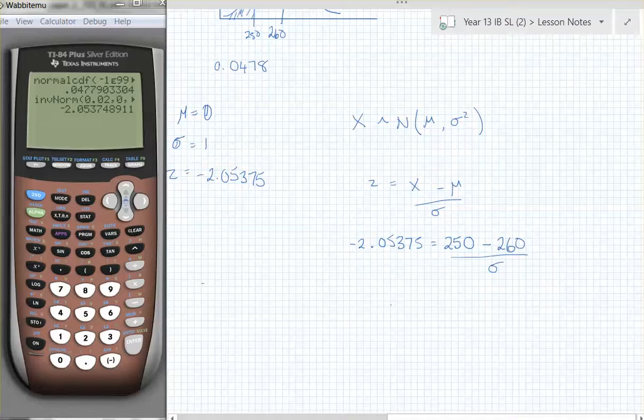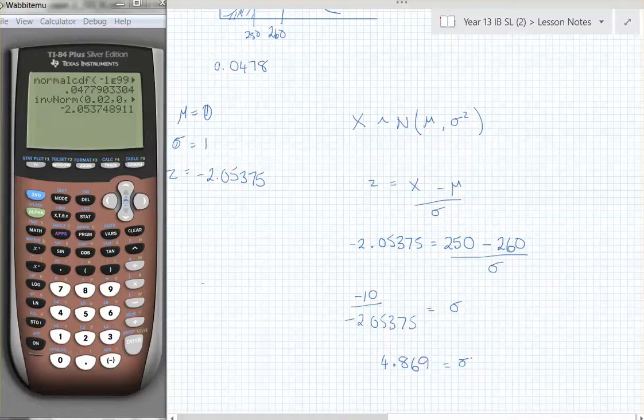So then we do a bit of rearranging, so I've got the answer minus 10 over minus 2.05375 equals standard deviation, and that works out at 4.869.